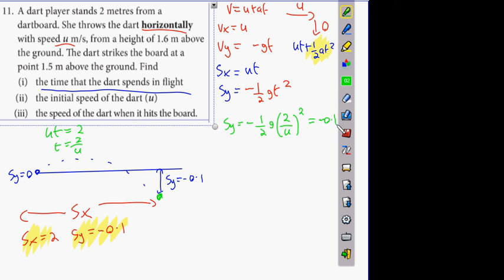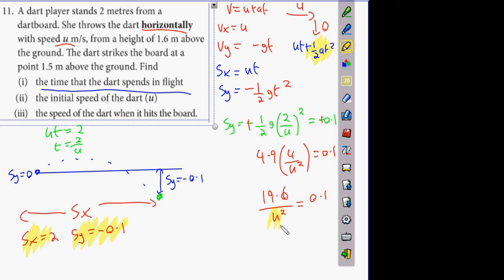The minuses on both sides cancel. That becomes a half of g, which is 4.9, times 4 over u squared, equals 0.1. So 4 times 4.9 is 19.6, so 19.6 over u squared equals 0.1.